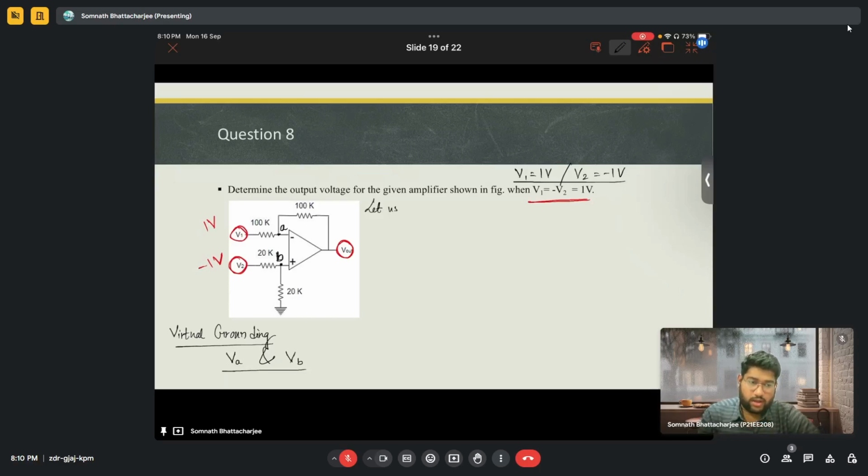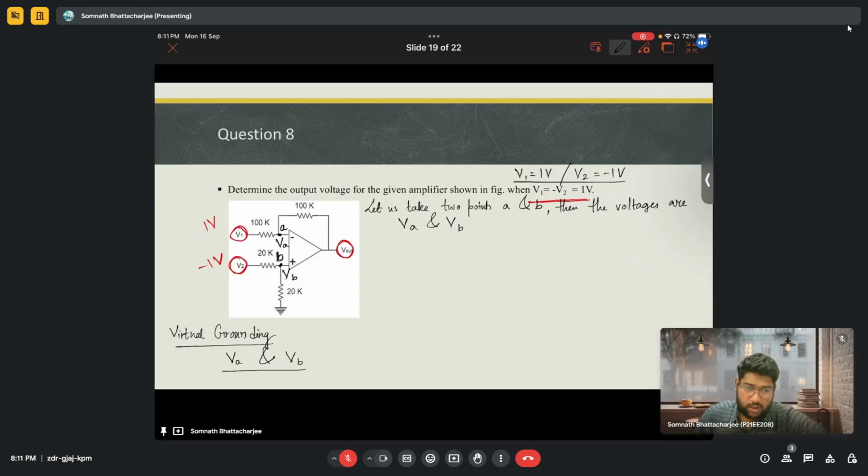Let us take 2 points, A and B. As we have already taken, the voltages are VA and VB. So at this point the voltage is VA, while at this point the voltage is VB.